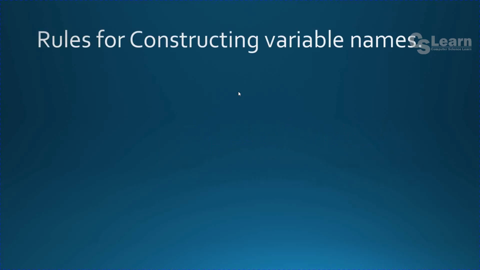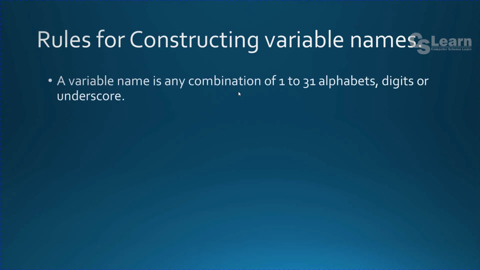Next, the rules for constructing variable names. How to define variable names? This is very important. These rules are mostly applicable to all programming languages, though some differ, but the base concept is the same.